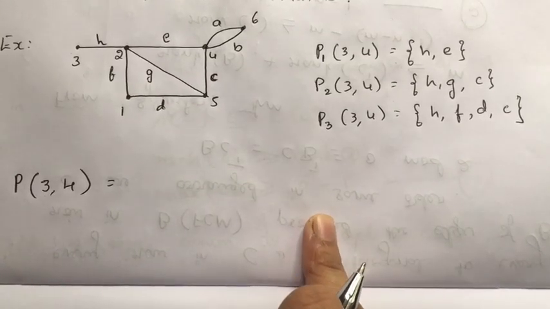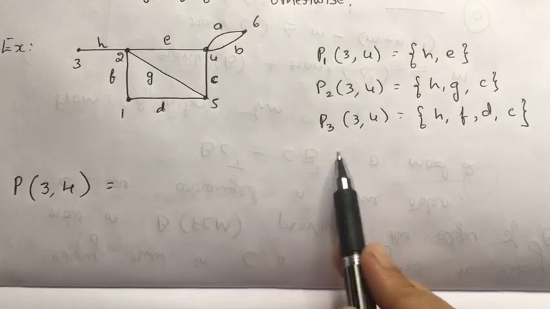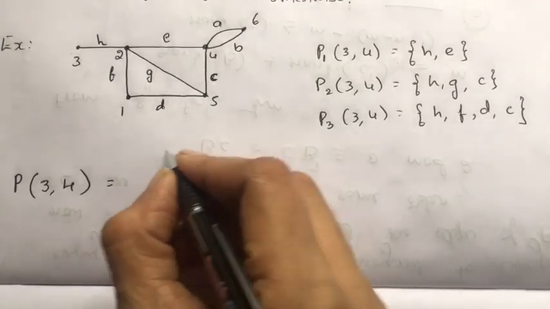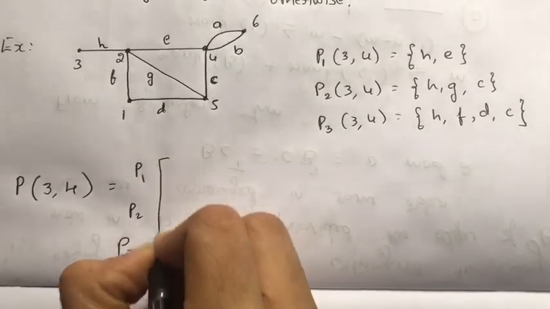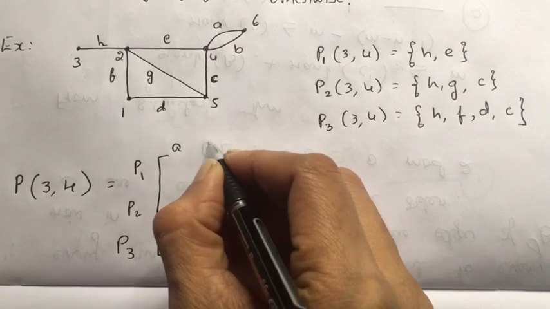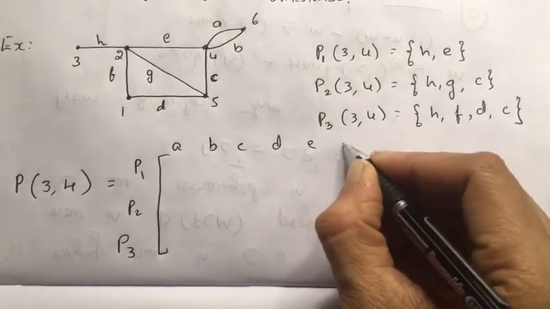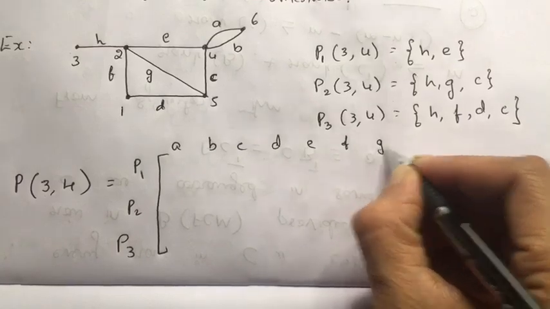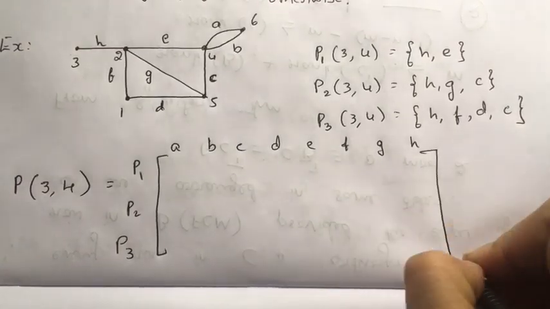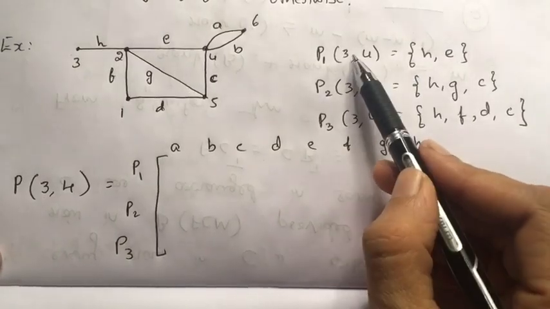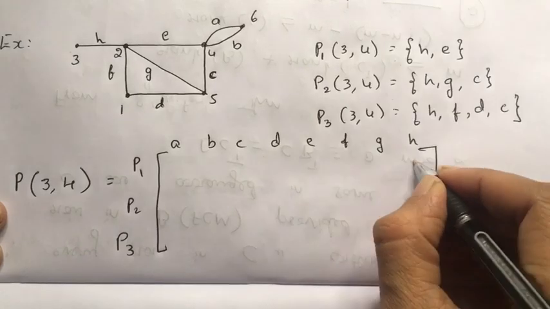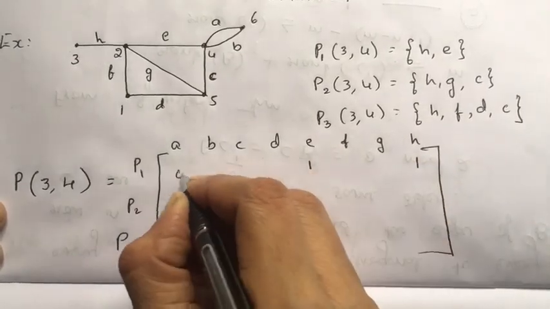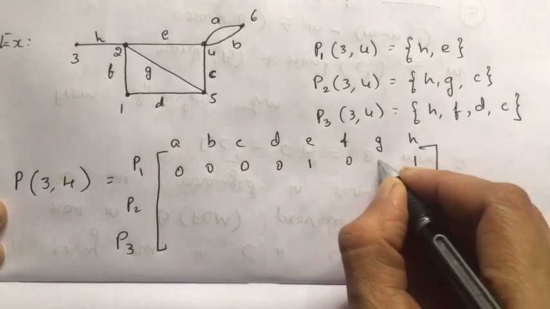Rows correspond to the different paths between the vertices, and columns correspond to the edges of graph G: P1, P2, P3, and edges A, B, C, D, E, F, G and H. In path 1 between 3 and 4, the edges H and E are included, and the rest of the entries are zeros.